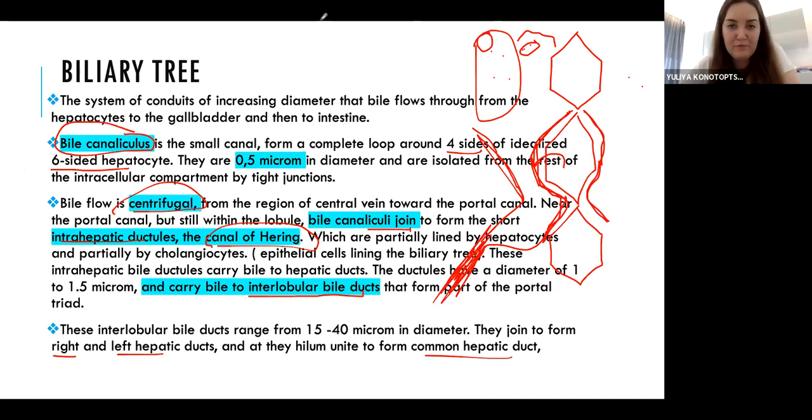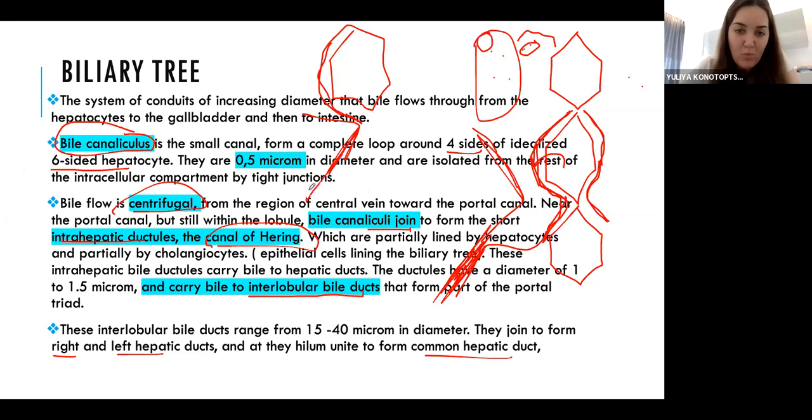So let's do the pathway again. If here I have my hepatocytes, on the sides of my hepatocytes, I have the first vessel, which is the bile canaliculus. Many bile canaliculi fuse together, and as they fuse together, they form an intrahepatic ductule, which is called the canal of Herring.